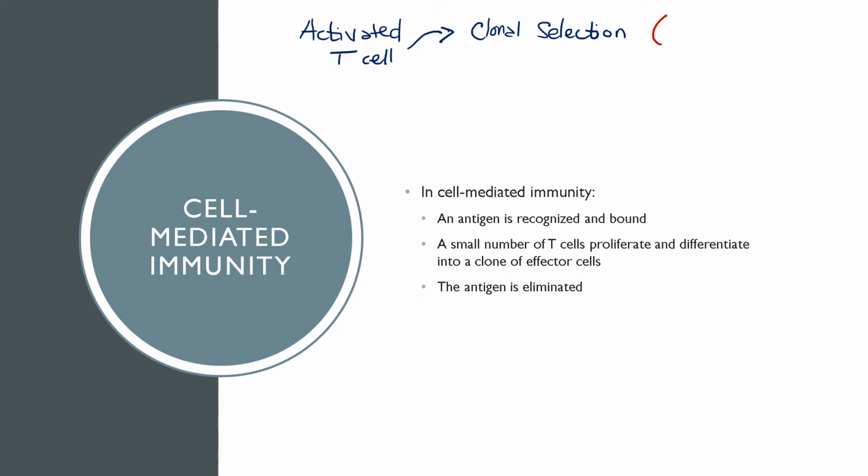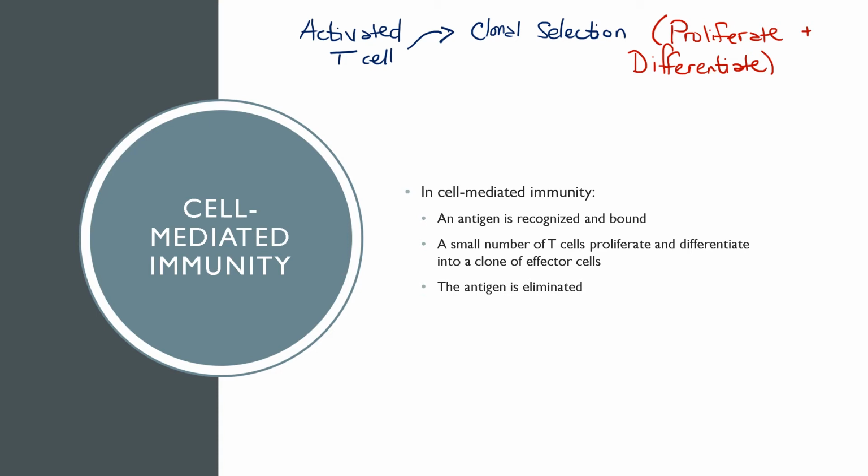So it's going to proliferate, which means it divides several times. And it will also differentiate, which means it forms more highly specialized cells. Now this is in response to a specific antigen. So they're going to differentiate into a cell that recognizes a specific antigen, and then it will divide several times so that we get these clones that all recognize a specific antigen.